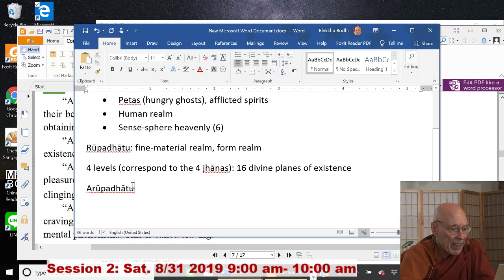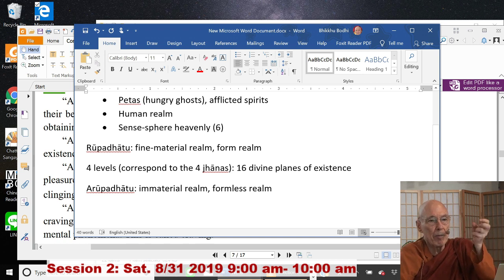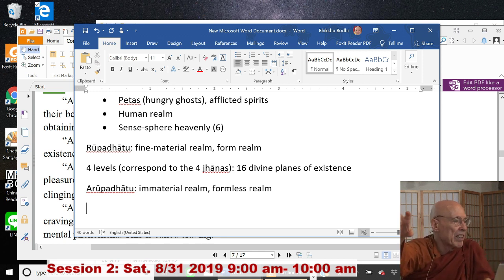Okay, beyond the fine material realm, there is another still higher realm of existence called the arupa dhatu, which is the immaterial realm or the formless realm. Now, in the fine material realm, matter still continues to exist, but it's a subtle kind of matter.